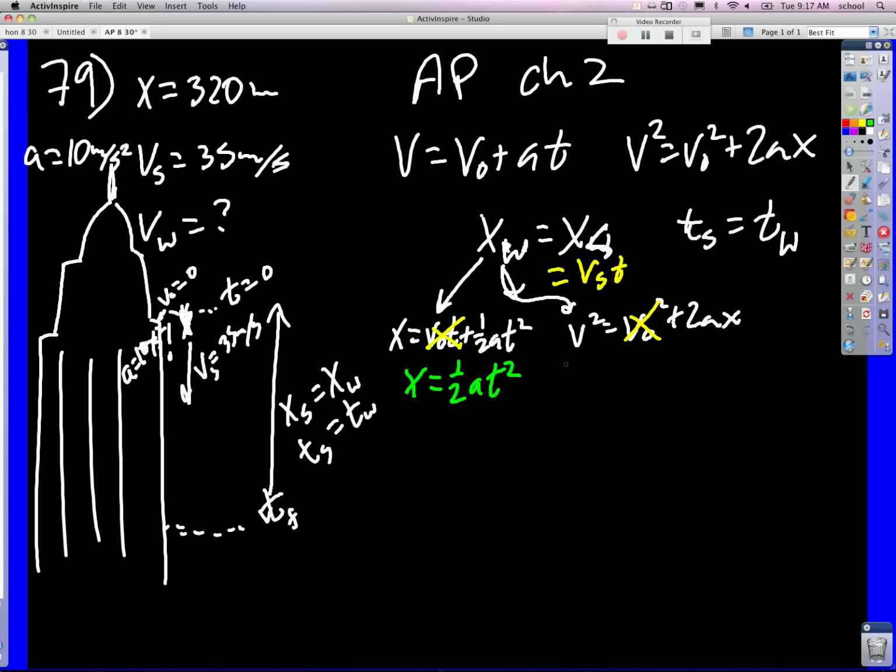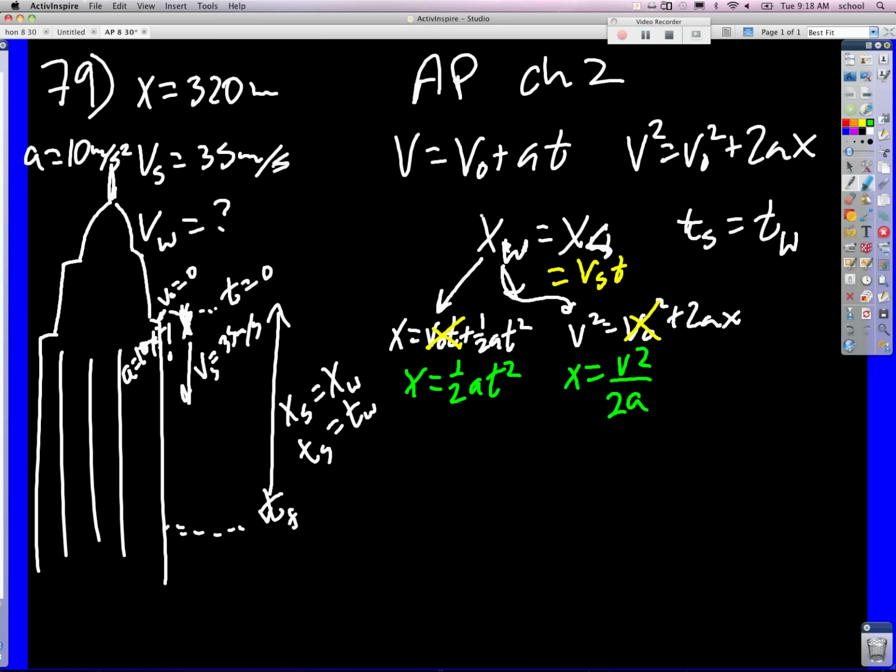Now, if I bring this into this equation, if I set them equal to each other, then I can see that I have this final velocity of the watermelon is unknown, and the time is unknown. So with this one, I'll have two unknowns, and I've got to come up with another statement. So I'm not immediately saying I shouldn't do that, but I'm just going to hold off for a second.